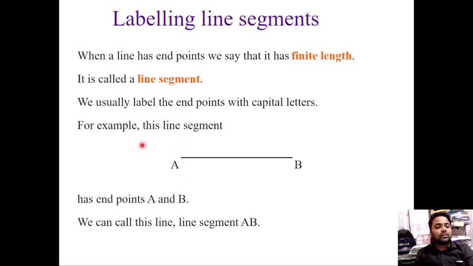For example, this line segment AB has endpoints A and B. We can call this line segment AB.